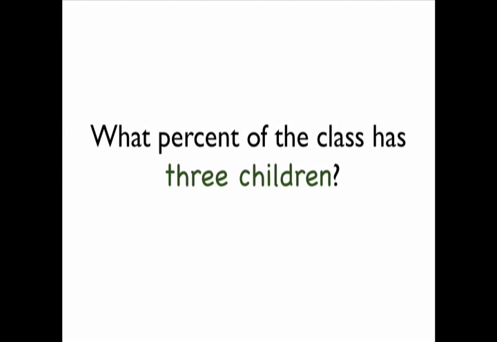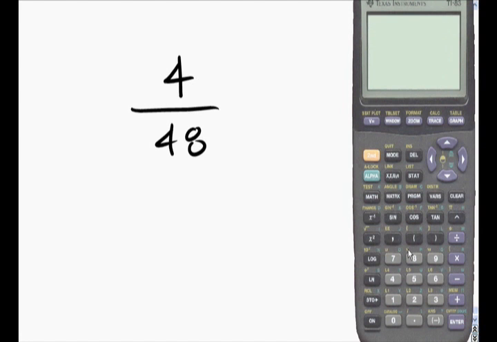What percent of the class has 3 children? Four students out of 48 have 3 children. The first 3 is in the thousandths position. The 3 to the right of it means we leave this 3 alone.